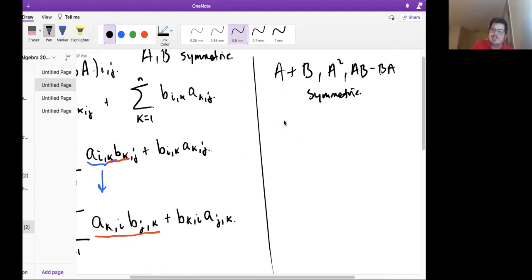Now I forget the rest. AB minus BA is not necessarily symmetric. And I think there was a third example that wasn't symmetric. Oh, ABA. These are not necessarily symmetric.